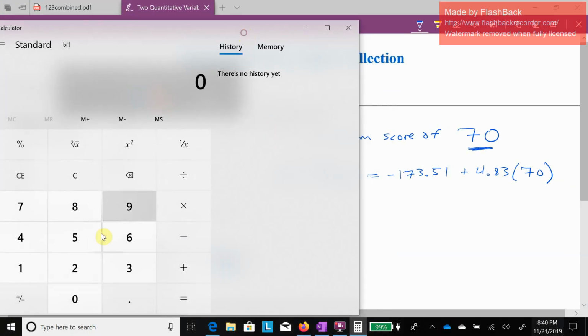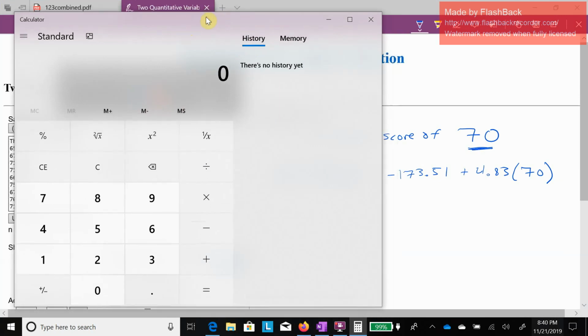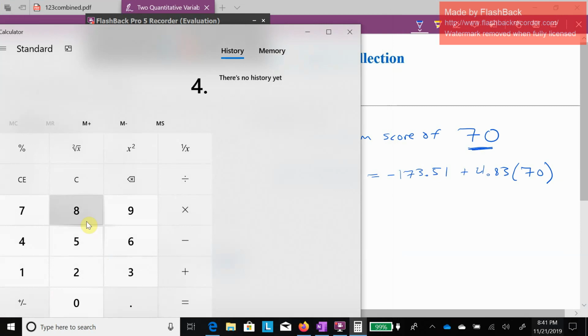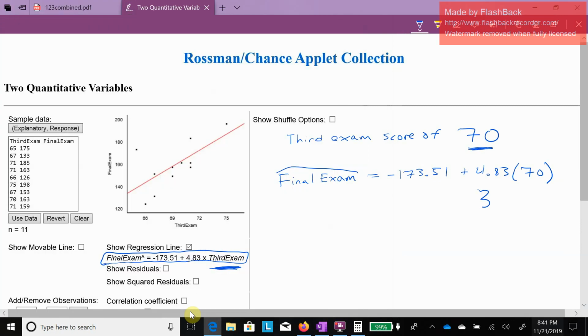Let's see how this goes. We're going to type this into our little calculator, so hopefully you have one on you. So that's 4.83 times 70, which would be 338.1.